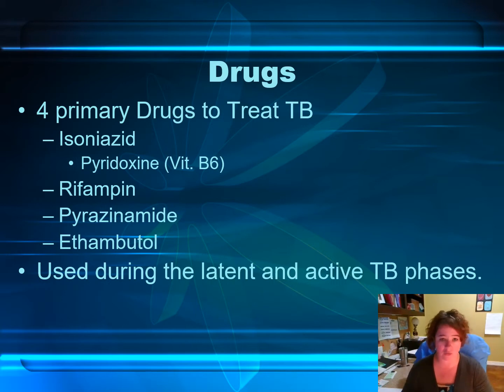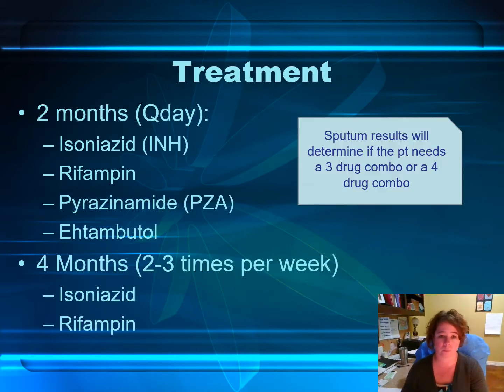Let's talk about each different type of treatment as we go through. So for the first treatment, this is someone who's got active tuberculosis. For the first 2 months, or until we get the sputum results back, they're most likely going to be on 4 different medications. The isoniazid, the rifampin, the pyrazinamide, and then the ethambutol. Yeah, ethambutol.